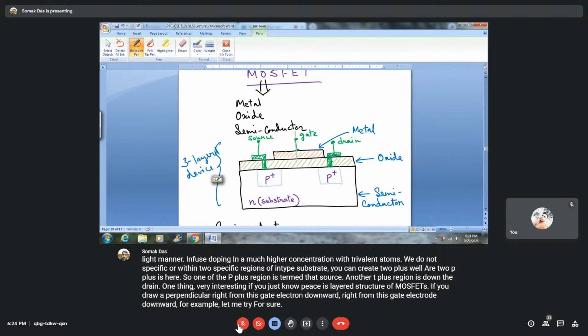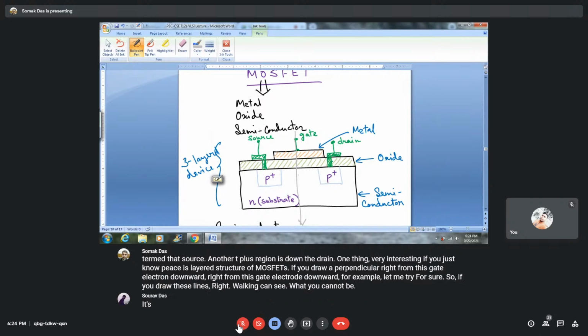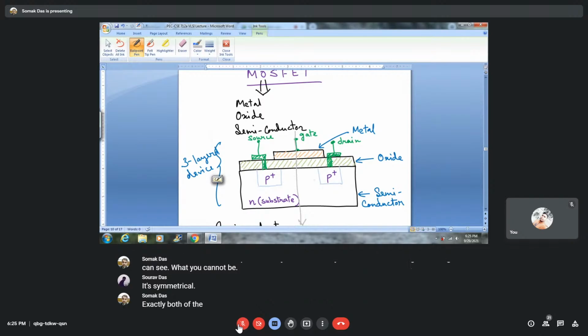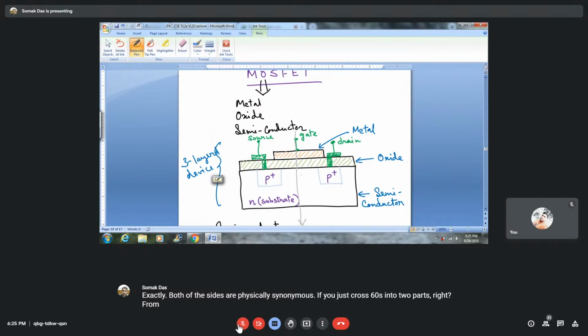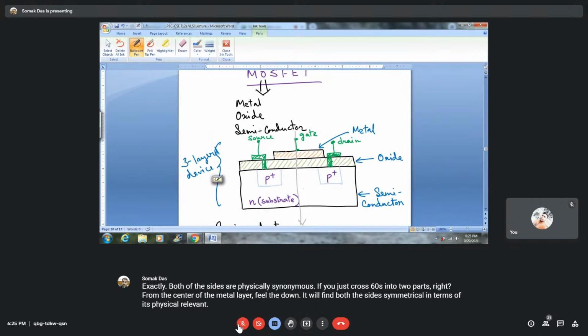So if you draw these lines, what you can notice is that it is symmetrical. Exactly, both of the sides are physically synonymous. If you cross-section this into two parts, right from the center of the metal layer down, you will find both the sides symmetrical in terms of their physical relevance.